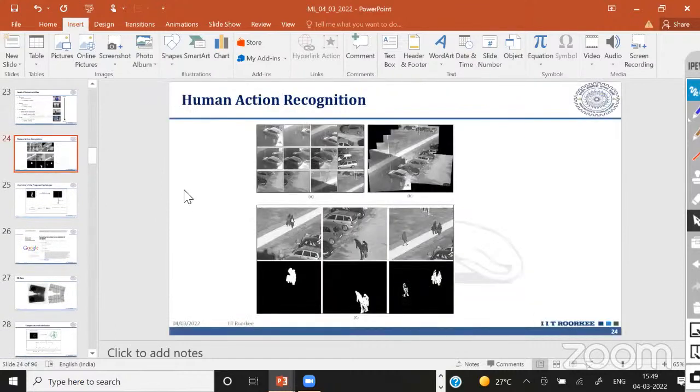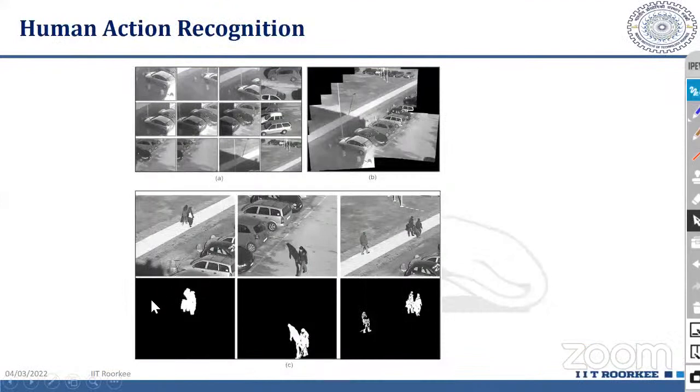Here you can take the jth frame and the next consecutive frame, j plus first frame. If it is a dynamic object, you will get a non-zero difference. If the difference is zero, it is a static object. So the idea is we are finding out the dynamic objects. So the optical flow algorithm will give you this dynamic object.